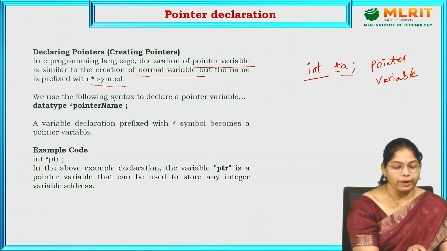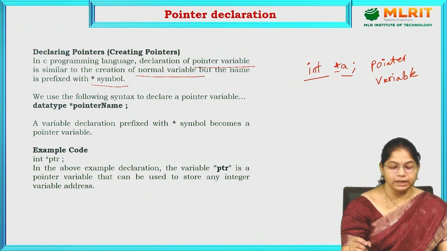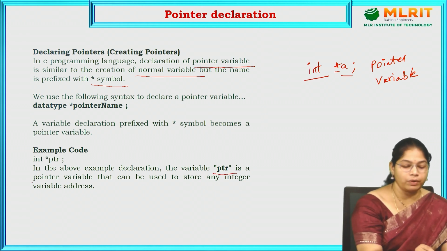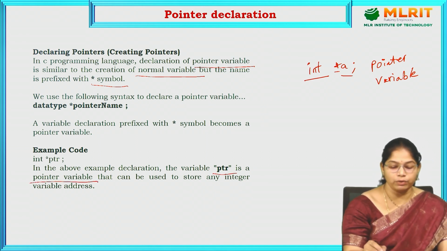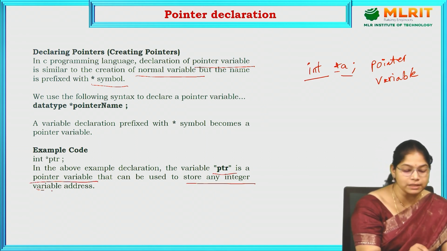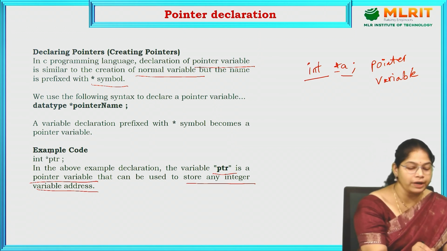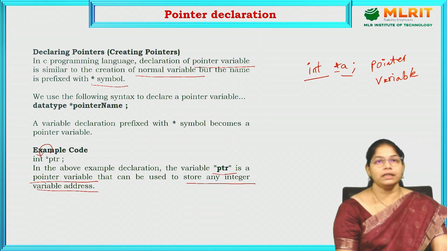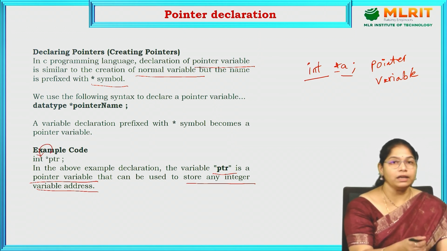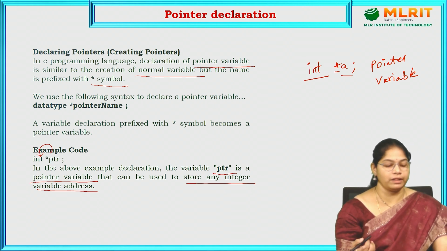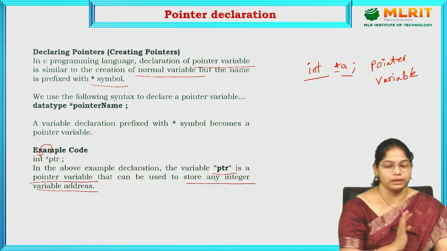In the above example declaration, the variable ptr is a pointer variable that can be used to store any integer variable's address, because the pointer is also declared with an integer type, so that it can hold the address of another variable whose data type is int.